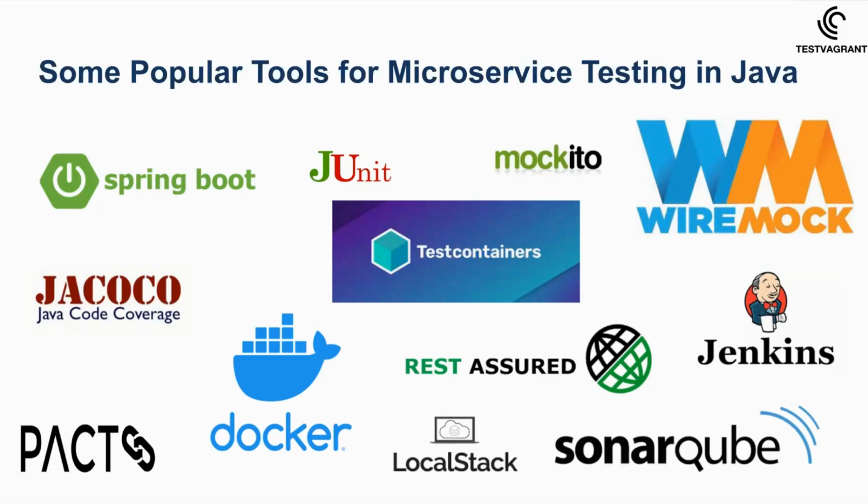Testcontainers, I think, is quite prevalent these days in the Java world. Testcontainers need a Docker daemon running behind, but they provide you on-the-fly containers. So for example, if you want to test a data streaming server, or a microservice pushing information to a data streaming server like Kafka, rather than having a Kafka setup on your machine, you could simply create a Kafka container object within the test boundary.